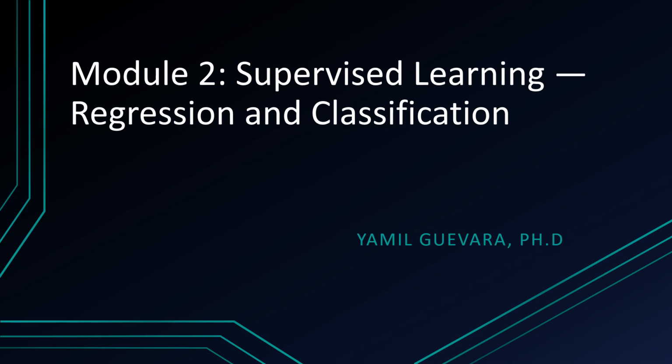By the end of this module, you should have a clear conceptual understanding of supervised learning, the differences between regression and classification, the role of labeled data sets, the importance of model evaluation, and the practical trade-offs associated with selecting machine learning algorithms for real-world use cases.